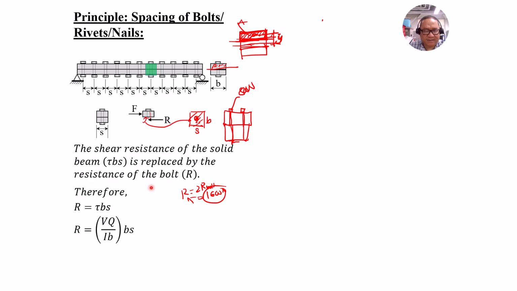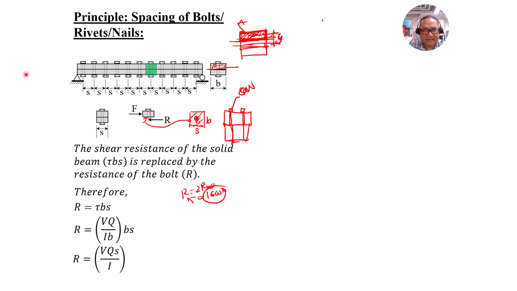So R equals VQ over I times S, or VQS over I. Rearranging, and because Q is equal to area prime times Y, the area above the level where shear is to be calculated, or where we have here a section of the bolt or nail.